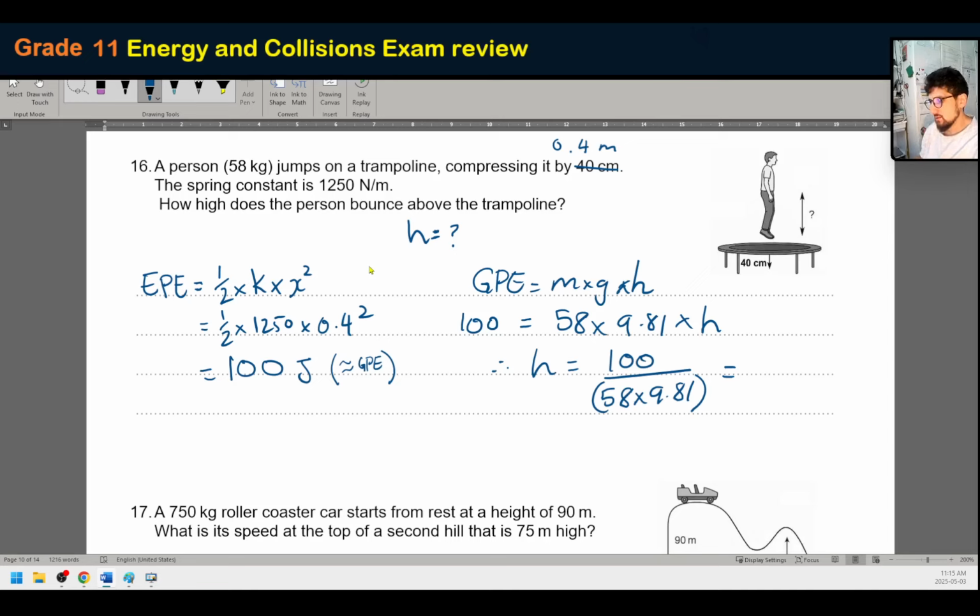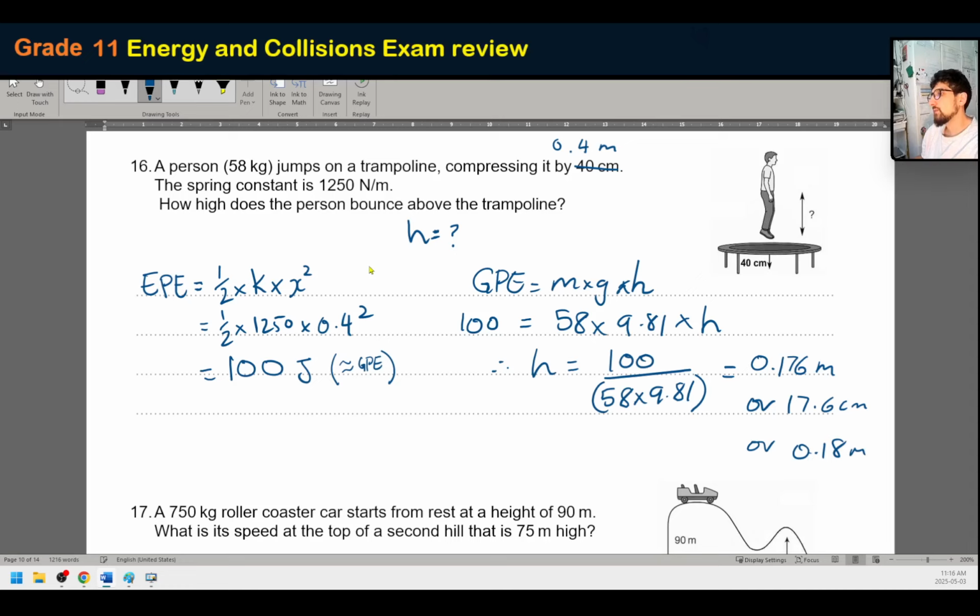Wait a minute, what have I done wrong? Oh, here we go. 100 divided by 58 times 9.81. That's more like it. 0.176 meters, or 17.6 centimeters. Or if you prefer, 0.18 meters. And that's good enough. So 2 significant figures is fine here.